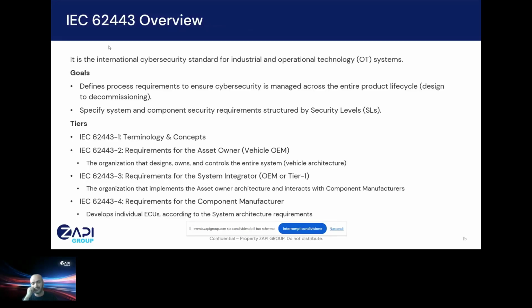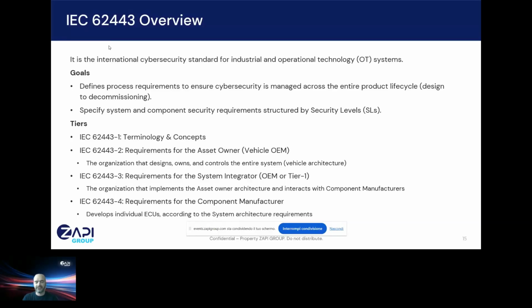The goal of this standard is to define cybersecurity requirements that affect both the software policy and procedures used in the company, but also cybersecurity requirements for the particular product. And for the product, it also introduces a classification of the capability of the product, called the security level.